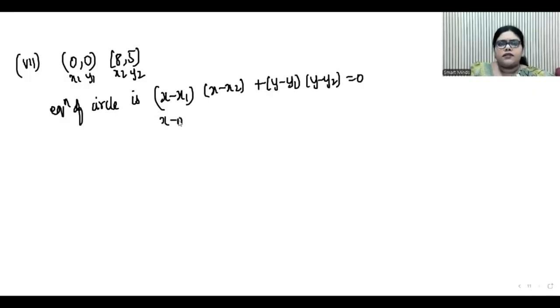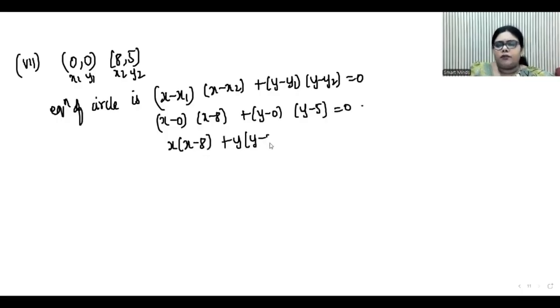So (x minus 0) into (x minus 8) plus (y minus 0) into (y minus 5) is equal to 0. So x into (x minus 8) plus y into (y minus 5) is 0. So we get x square minus 8x plus y square minus 5y is equal to 0.